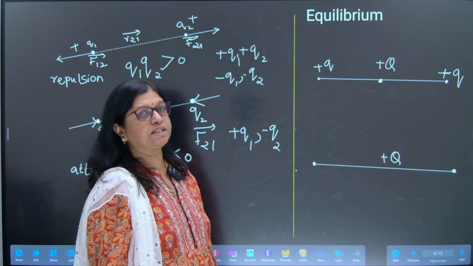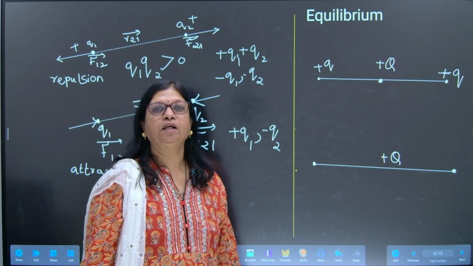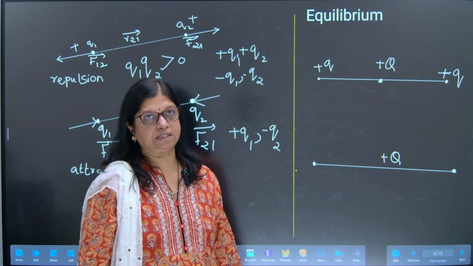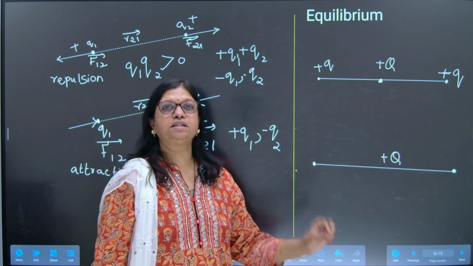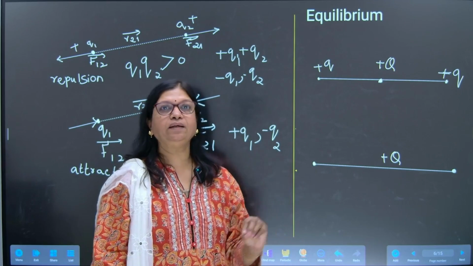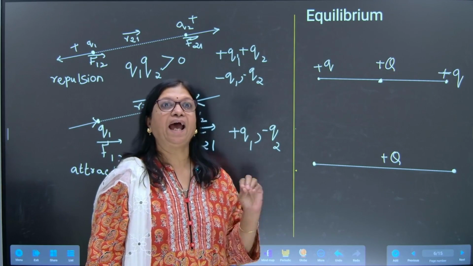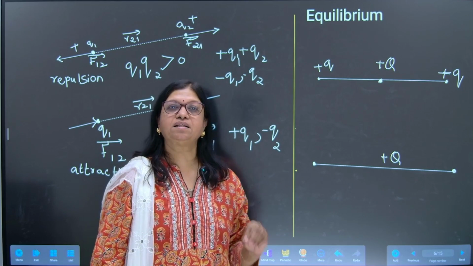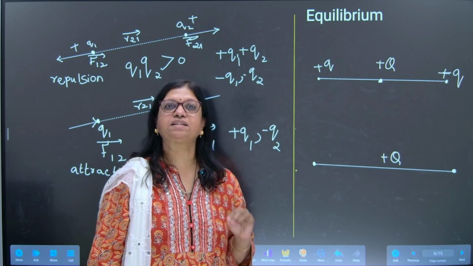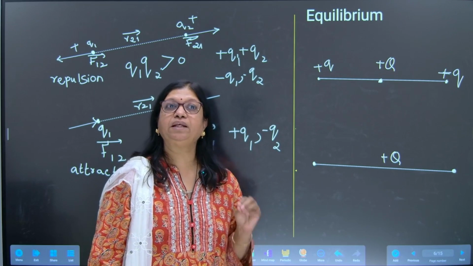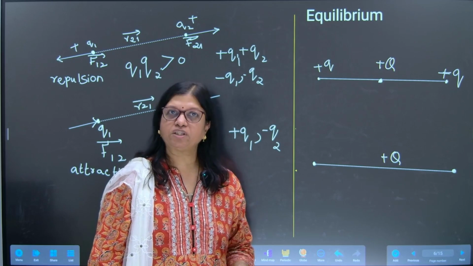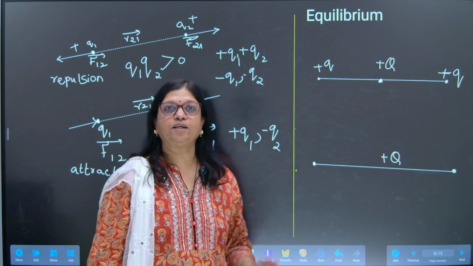We have another concept of equilibrium in a system of charges. So let us consider a system of 3 charges. When can we say that the system of charges is in equilibrium? As learned last year, a system of objects can be in equilibrium only if the net force acting on these objects or these charges here is equal to 0.